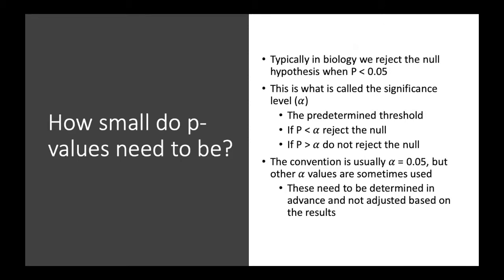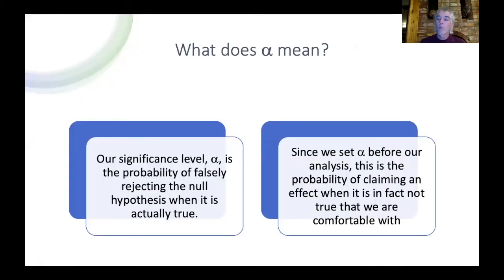The convention in biology is to use an alpha of 0.05, but there are other values that are sometimes used. But these need to be predetermined before you analyze your data. It's not okay to simply adjust your alpha to make sure that your p-value falls below it. So what does alpha represent?